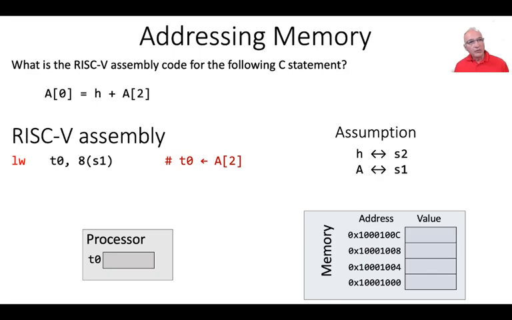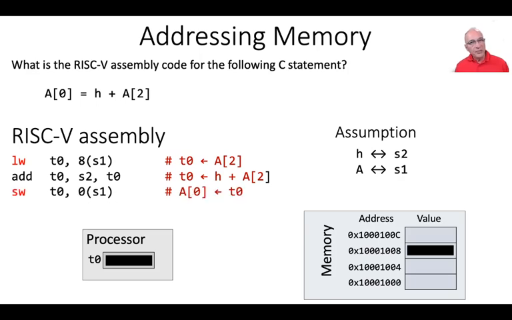So what is going to happen in this instruction is that I'll take a value from the position 1008 in memory, and I'll bring it into the register T0. Now the next instruction, we're going to add to that value, and so a new value is going to be produced in T0. That will be the addition of the element 2 of the array with the variable age.